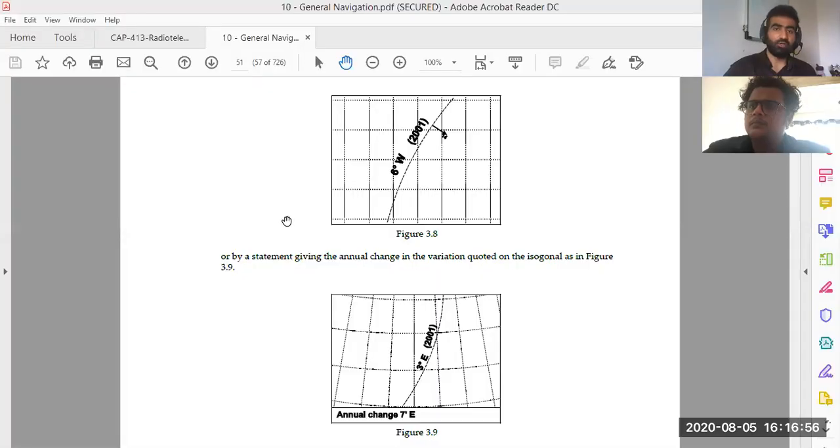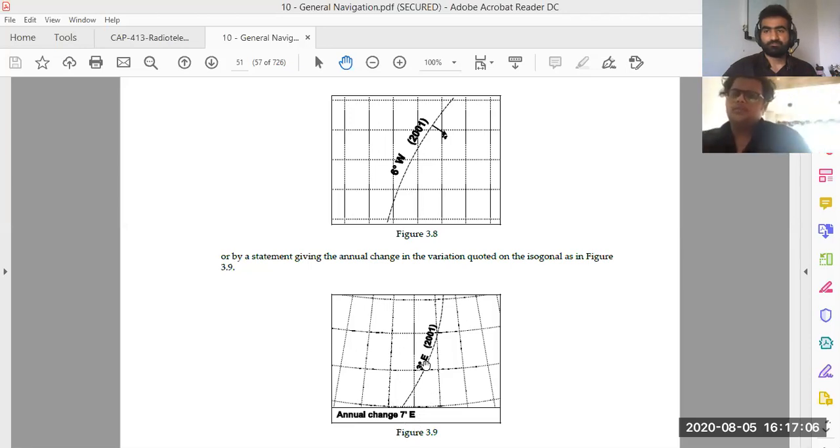Because the position of magnetic north keeps changing, the isogonals actually show you the variation value on the chart, whether it's east or west, because those lines have constant variation. So whenever the position of magnetic north changes, your value of variation also needs to be changed. That's why you will see that all your navigation charts keep updating on a daily basis. So this is how it looks.